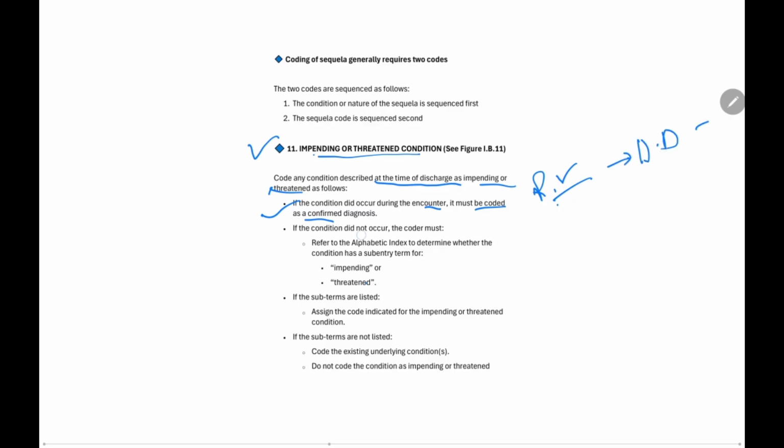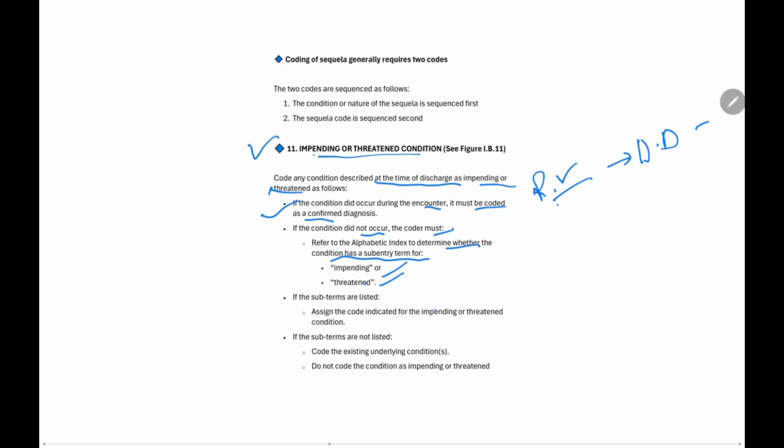If the condition did not occur, the coder must refer to the alphabetic index to determine whether the condition has a subentry mentioning impending or threatened. If the subterms are listed, assign the code indicated for the impending or threatened condition. If the subterms are not listed, code the existing underlying conditions. Do not code the condition as impending or threatened.